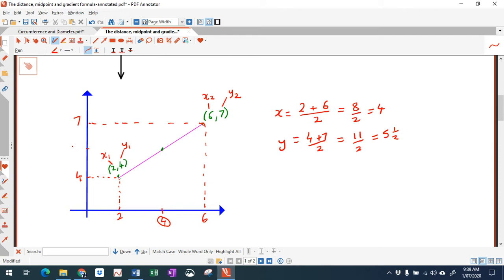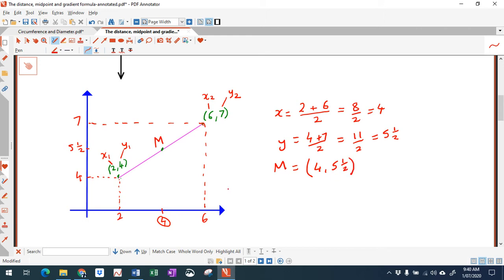Okay, so the middle of 4 and 7 is 5.5. So what we then say is the midpoint, M for midpoint, has coordinates 4, 5.5.